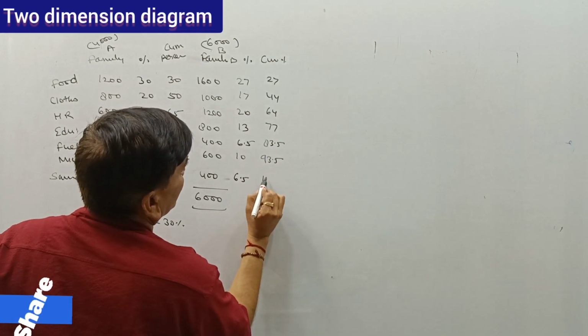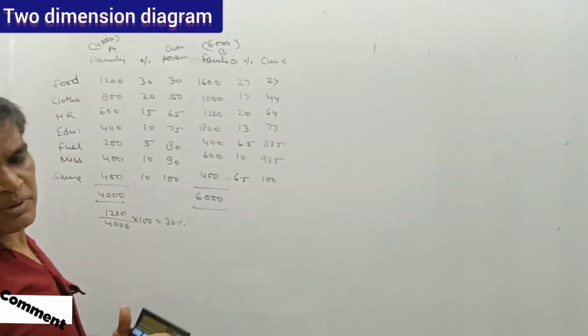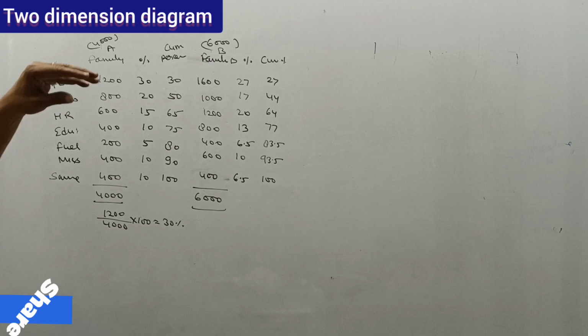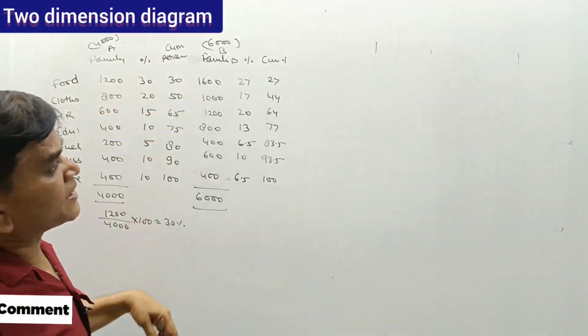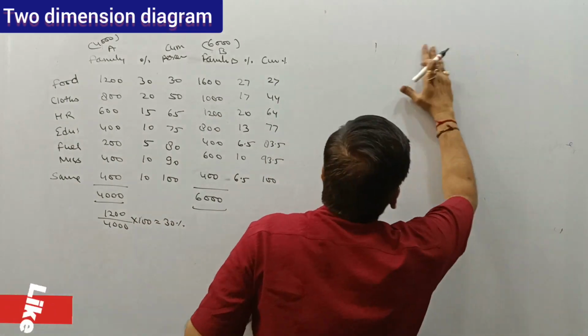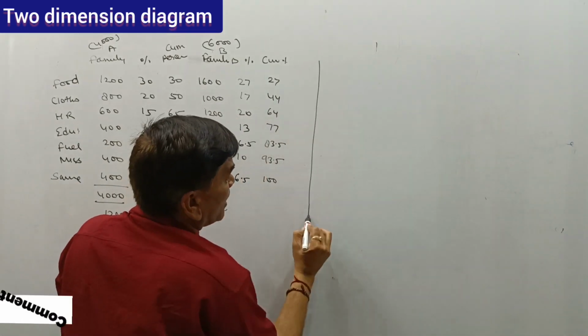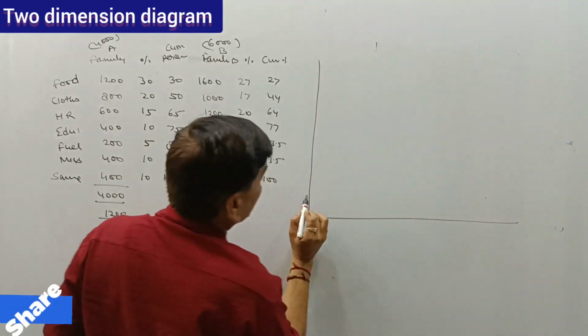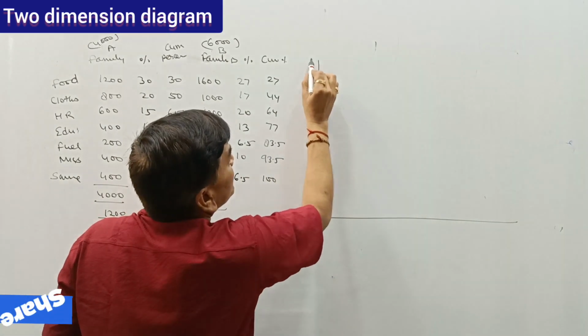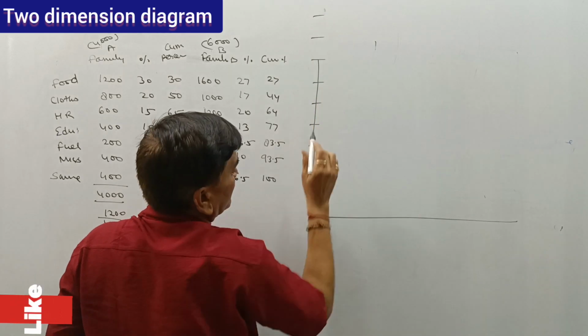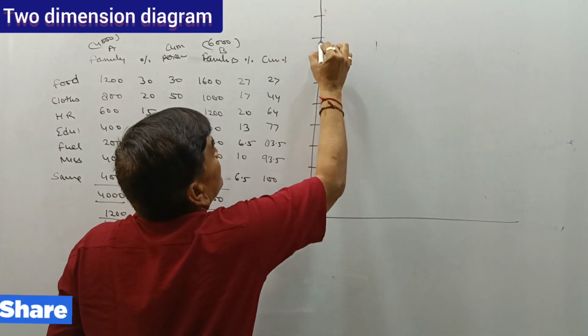Then 93.5 and 100. So we have first drawn the percentages of this and this, and obtained the cumulative percentages. Now we are to draw the two-dimensional diagram. How to draw it? 10%, 20%, 30%, 40%, 50%, 60%, 70%, 80%, 90% and 100%.